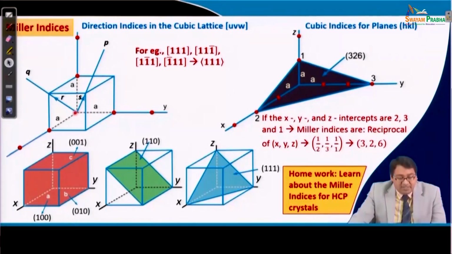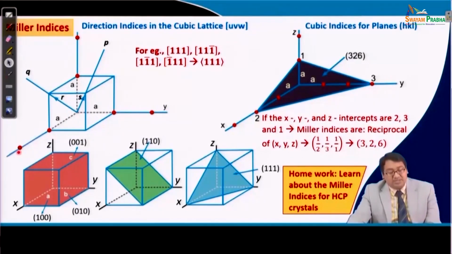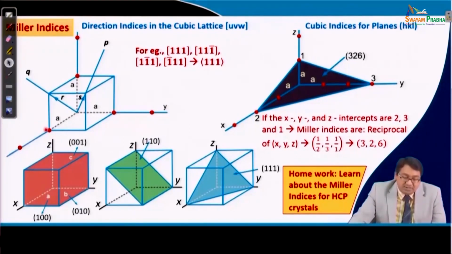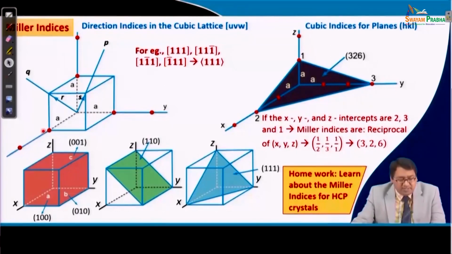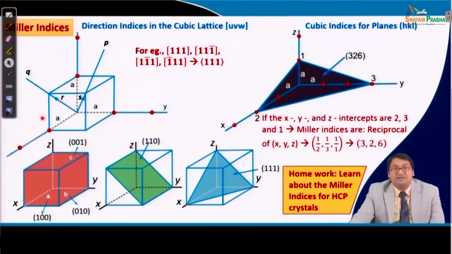On the other hand, in the y and z direction, this direction, this x direction is not coinciding. So, you see that the Miller indices for this direction becomes a 0 0, where a is a unit.